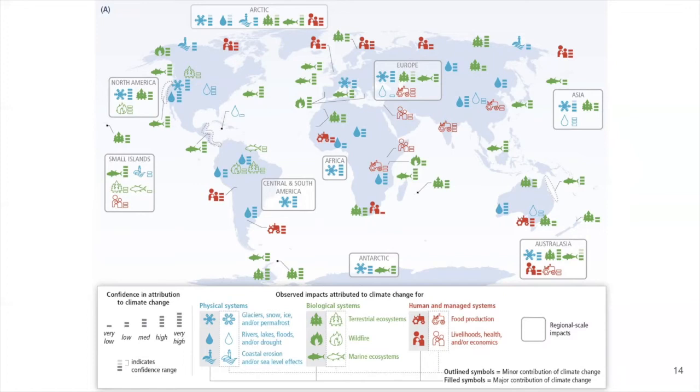The green symbols refer to impacts on biological systems, so things like wildfires occurring or your favorite fish becoming extinct. And then finally, the red symbols refer to impacts on human or managed systems, so things like food production taking a hit due to drought, or people's livelihoods or economic well-being being compromised.